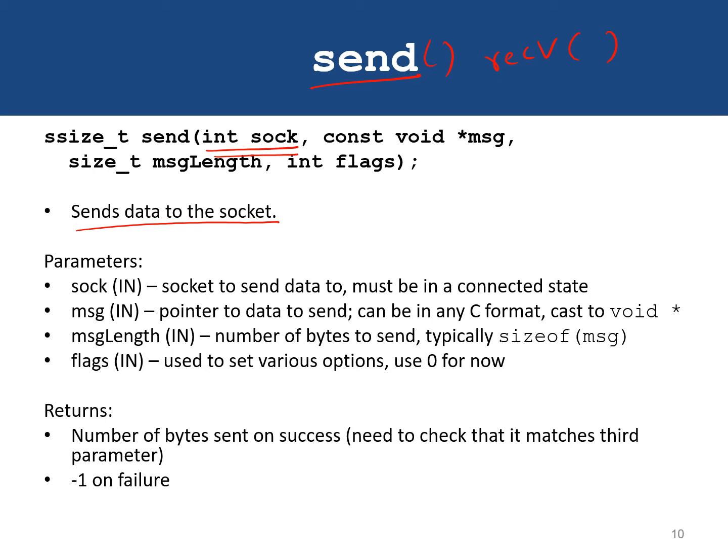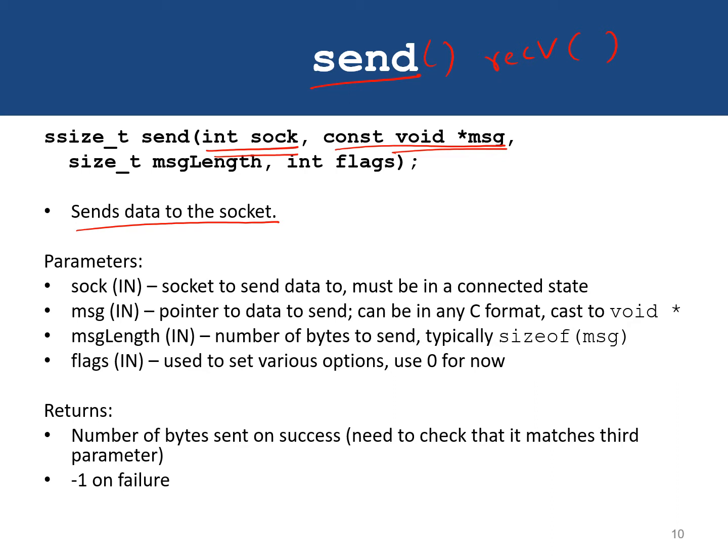Recall the first parameter in the write function call was also the socket. The second parameter here is a pointer to the data that we want to send. Now note that here it is a void pointer, but this could also be simply a character buffer containing the message we want to send.